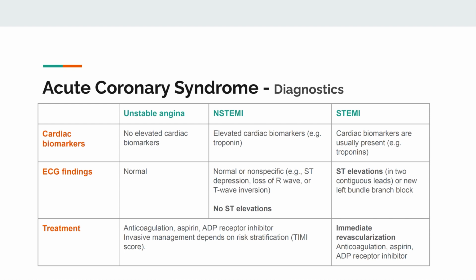The management of STEMI is where you go hard. So you anticoagulate with antiplatelet drugs as well as heparin, but then you also consider thrombolysis with a drug like alteplase. Or if you can get there within 90 minutes, you do percutaneous coronary intervention and put in a stent to revascularize the lumen of that occluded coronary artery.